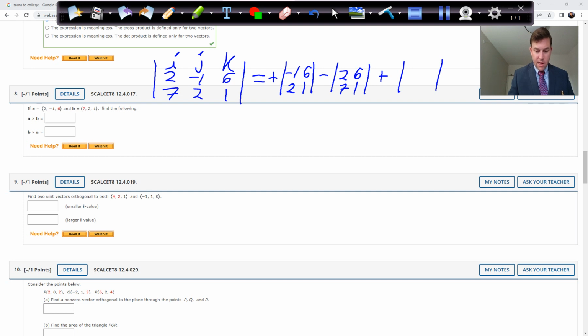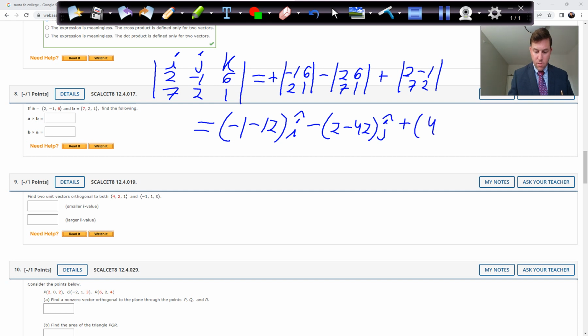Cover up column k, you would have 2, minus 1, 7, 2. And then these determinants become minus 1 minus 12, i, minus 2 minus 42, j, plus 4 minus minus 7, so it's plus 7k. So we get minus 13, comma, this is going to be minus 40, but double negative, so it's plus 40, and then 7 plus 4 is 11.